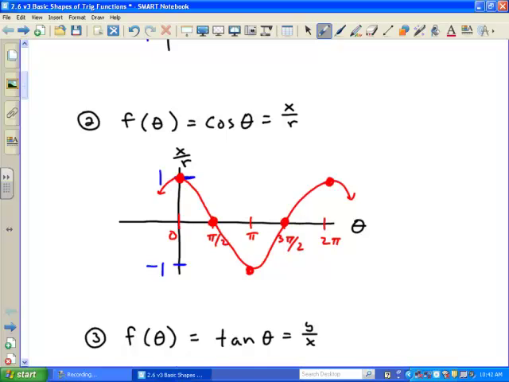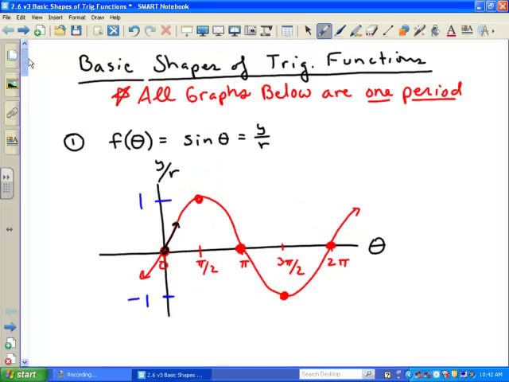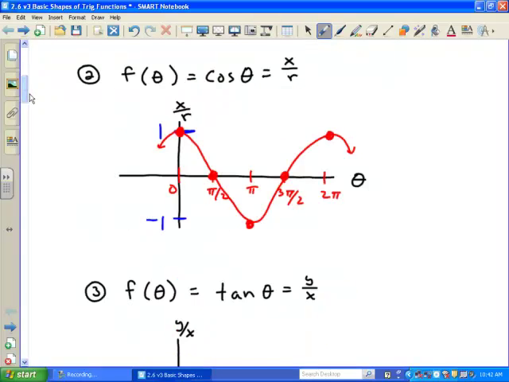The huge difference is while sine starts at 0, 0, cosine starts at 0 and 1. You still have the cyclic pattern of at the quarter points, you're rotating between 1, 0, and -1s.